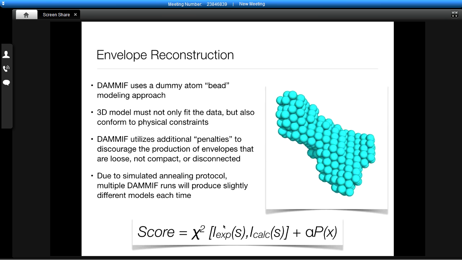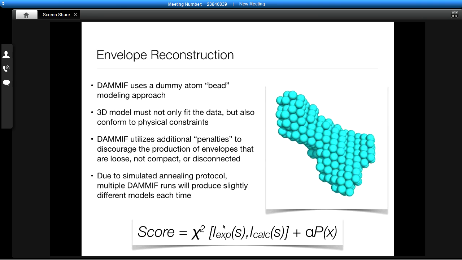Usually you're incorporating information about, say, bond lengths or Ramachandran plots, torsion angles, and other chemical information, those restraints, into your modeling process so that it can give you a better model. DAMIF does something similar, and any bead modeling program for the most part will do something similar. But we don't have that kind of high resolution data such as chemical bond lengths.